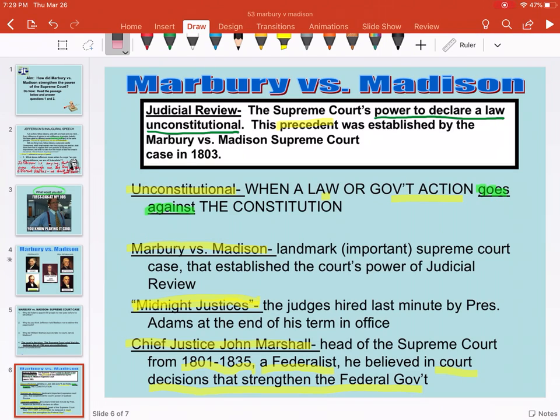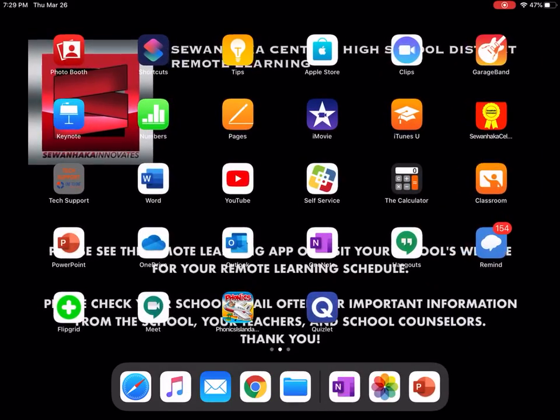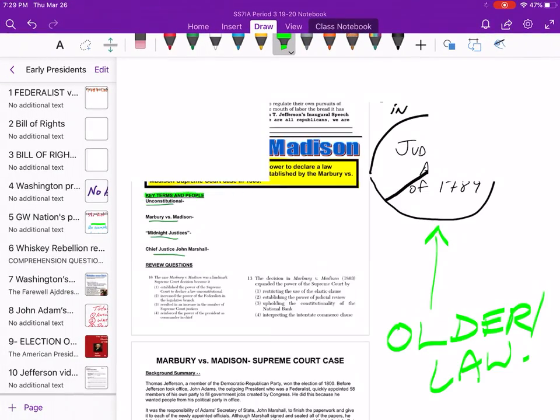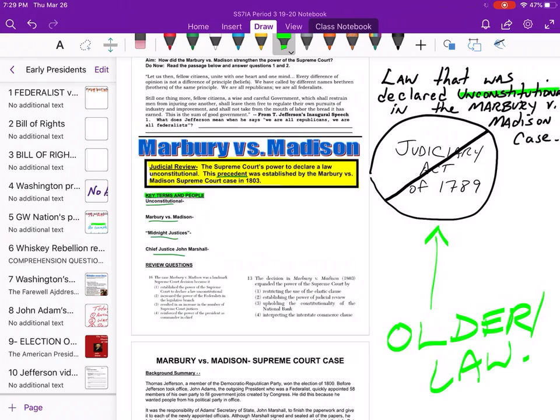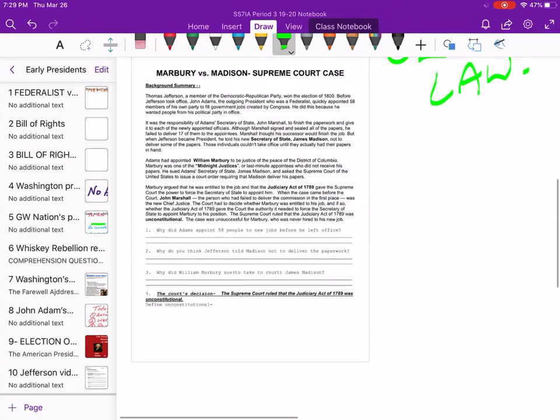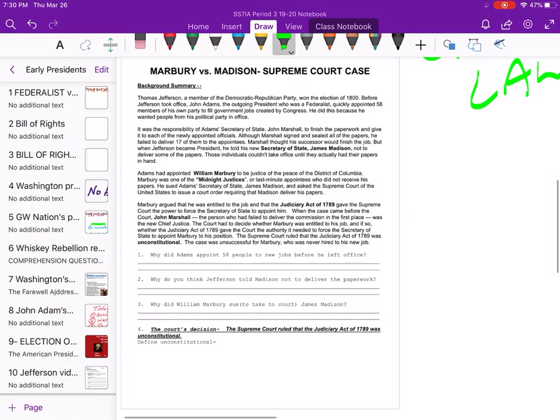If you're still copying the definitions, pause my video right here where you have the definitions on screen. We're going to go to the readings on page 2. All right, so you should be here. You've got a big reading on the Supreme Court case.